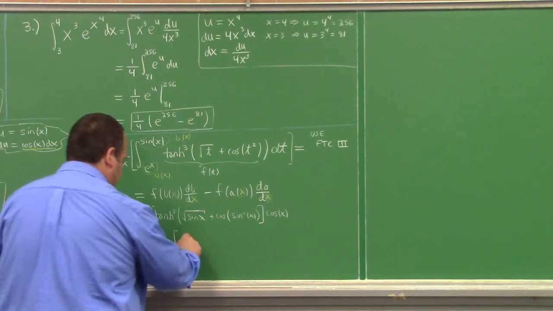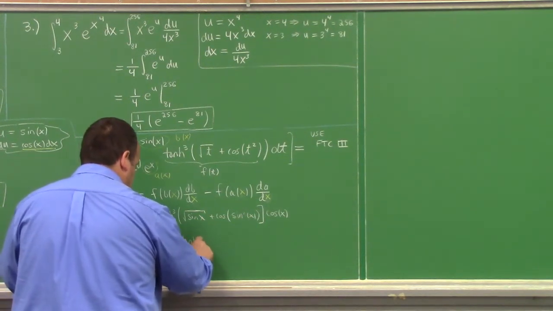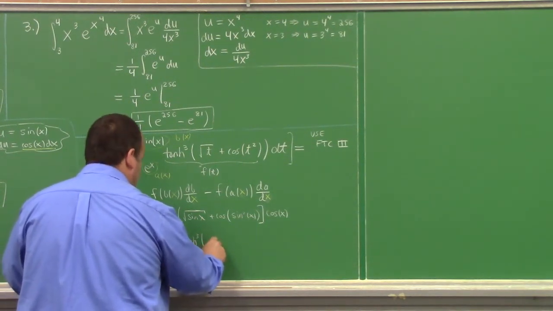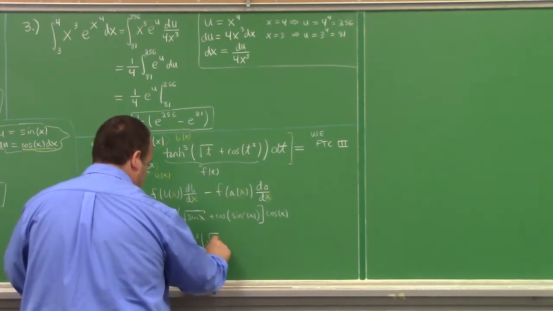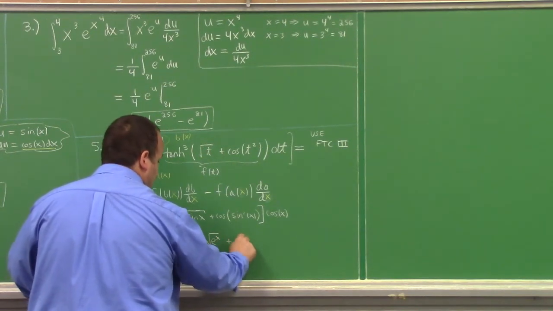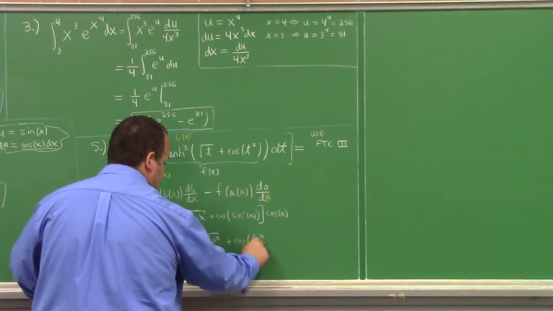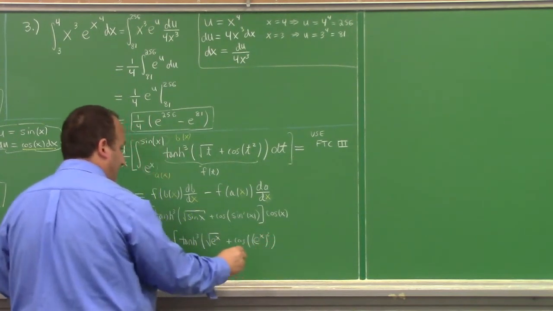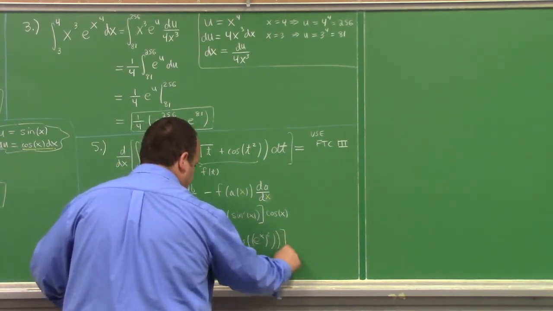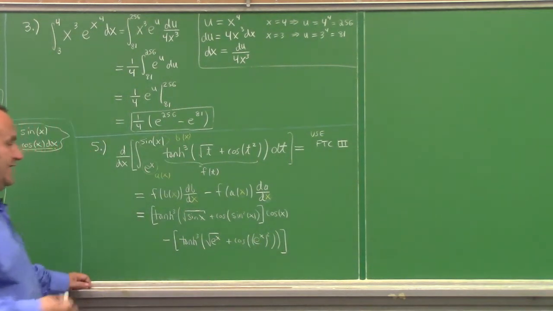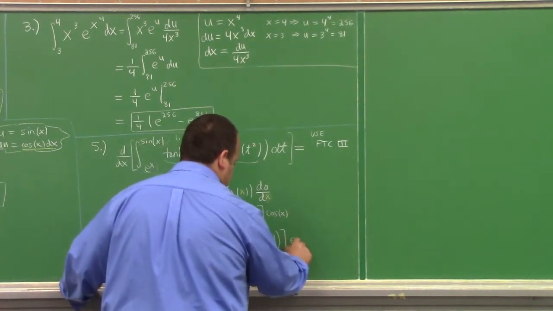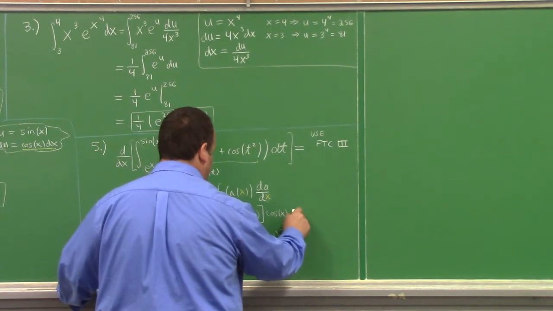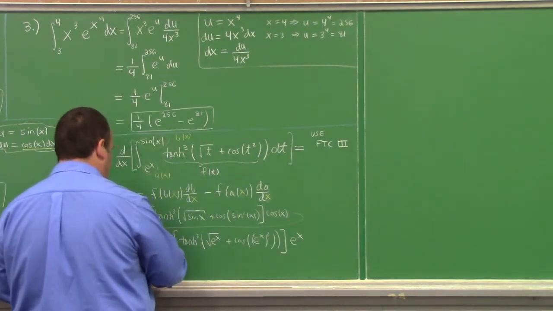And f of a of x is, well, I just got to plug in e to the x for t. So square root of e to the x plus the cosine of e to the x quantity squared. And then I have to multiply by the derivative of a, the derivative of e to the x, which is e to the x again. I'll put it on 2 lines, but there you go. That's the answer.